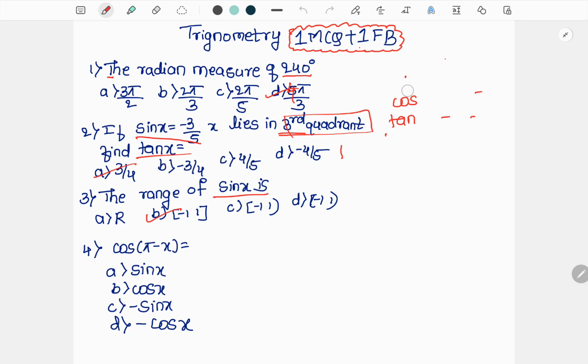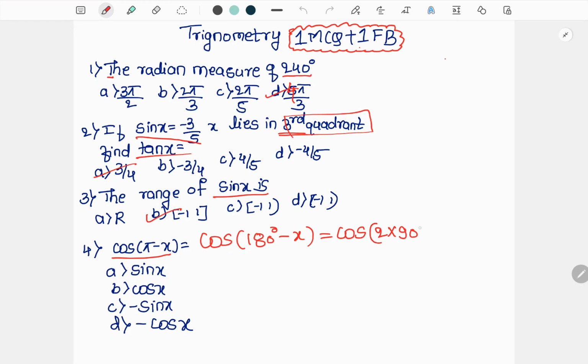So now after this, going for the next question. What is cos of pi minus x? See, pi means we know 180 minus x. So we know any number we always express in terms of 90. So it is 2 into 90 minus x. 2 is an even number. Function will not change.